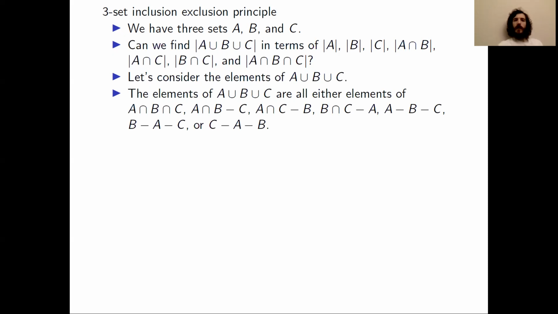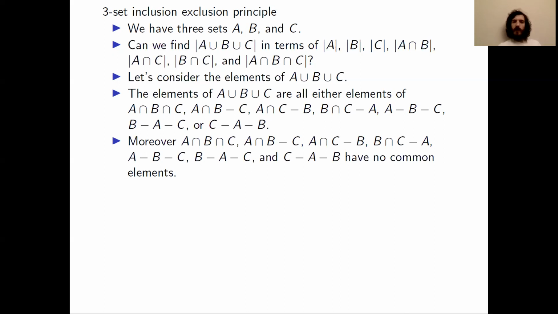And we can see that the elements of the union of A, B, and C are all either elements of A intersect B intersect C, or A intersect B minus C, or A intersect C minus B, or B intersect C minus A, or A minus B minus C, or B minus A minus C, or C minus A minus B. And those are all the possibilities.